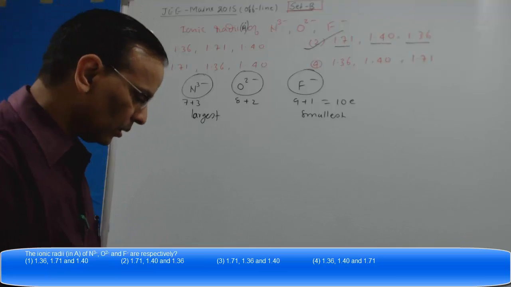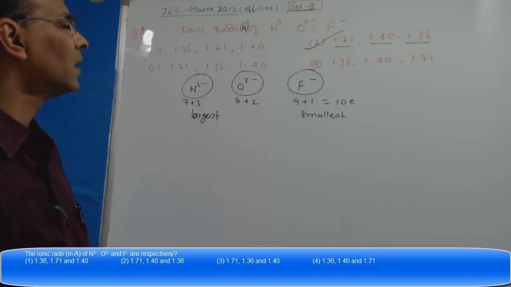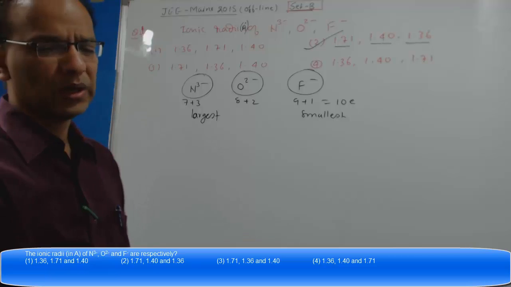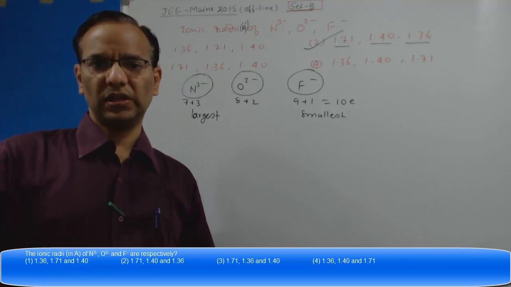So this is regarding ionic radii, and we all know that ionic radii depend first on effective nuclear charge if they are from the same period.